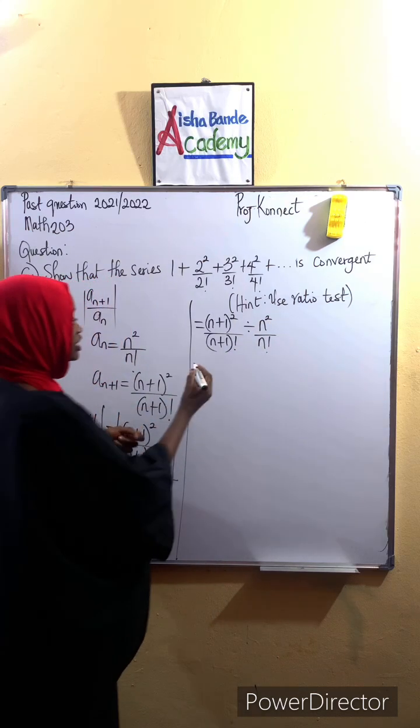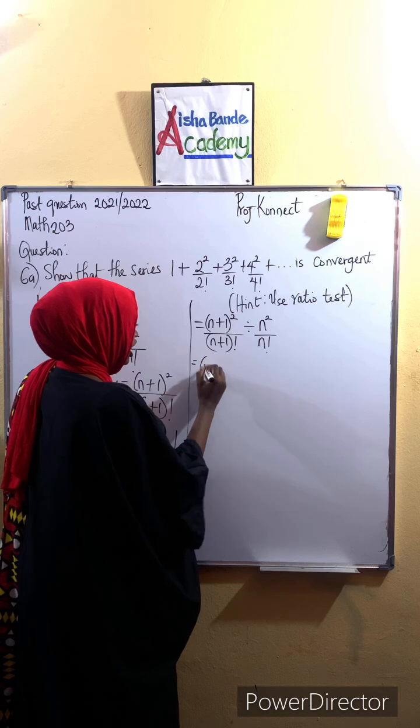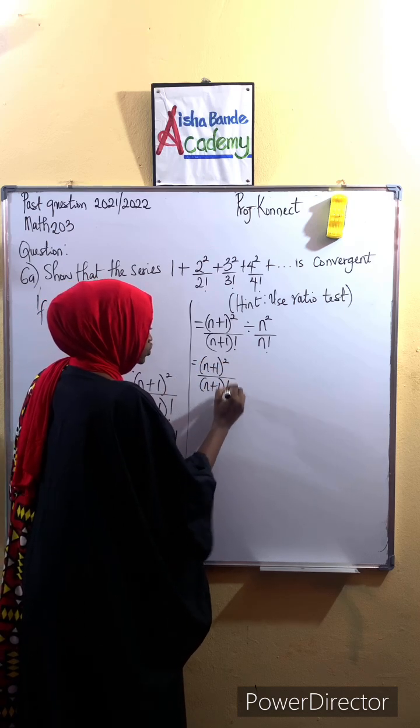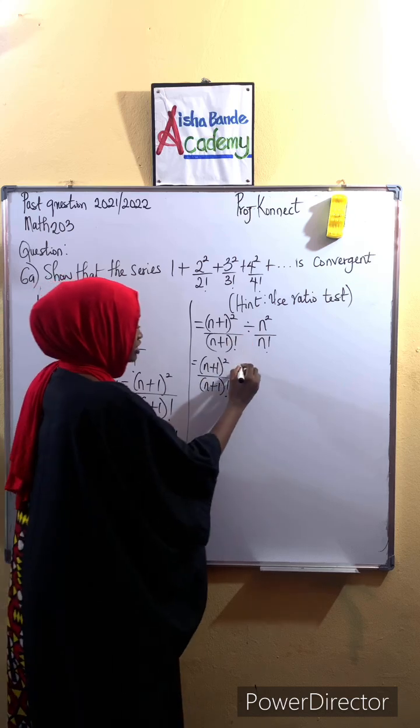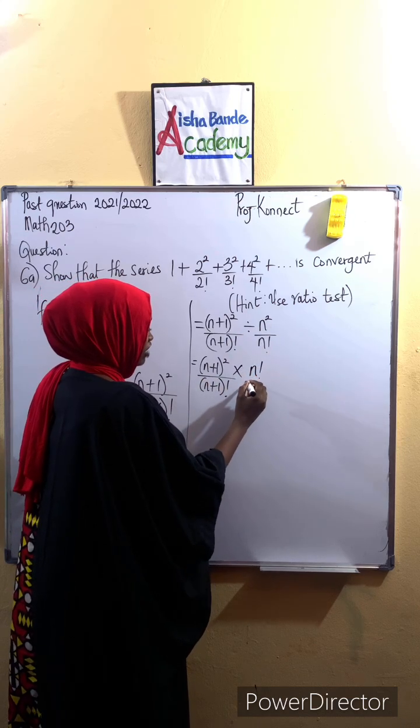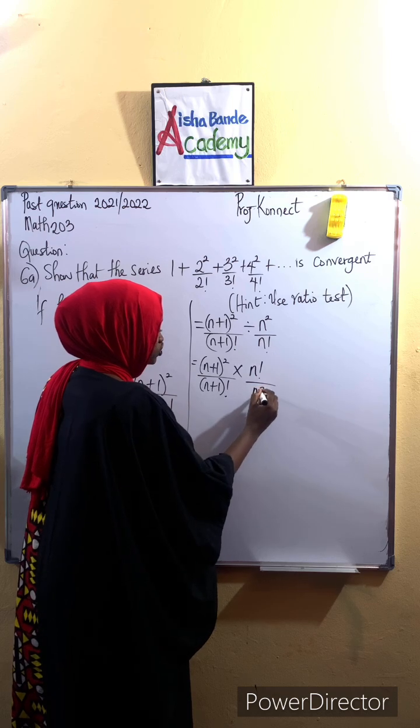Mathematically, this is the same thing as saying n plus 1 square over n plus 1 factorial, and the division becomes times, then the denominator becomes the numerator, and vice versa. So we have n factorial over n square.